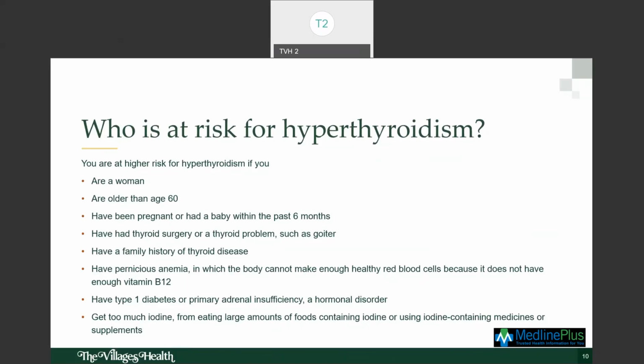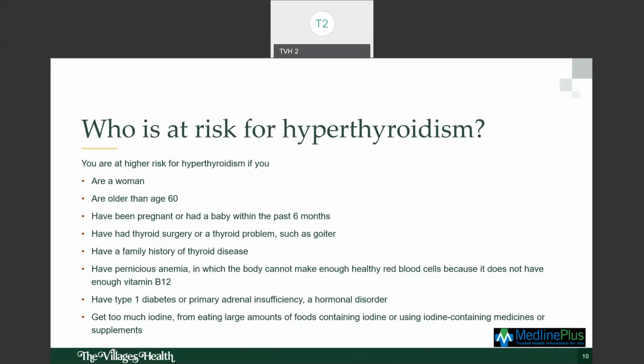It has to have certain vitamins and other hormones within the body to make our fresh and healthy cells for our body to function appropriately. So if you're low on B12, then you're at a higher risk for developing hyperthyroidism.